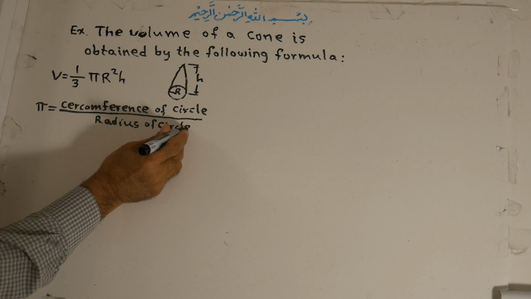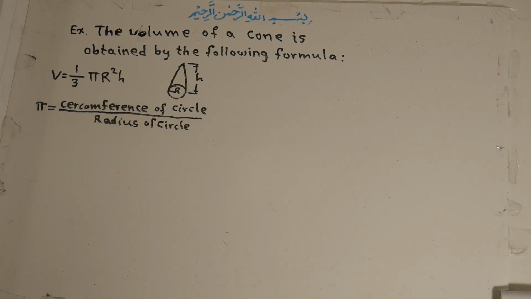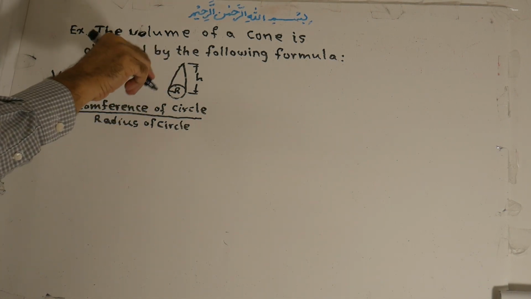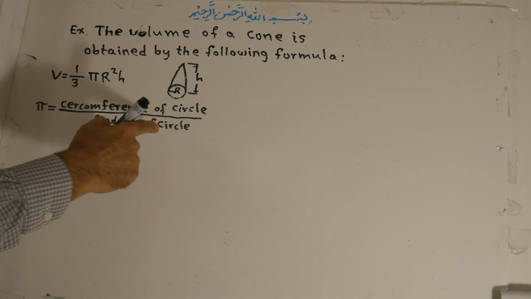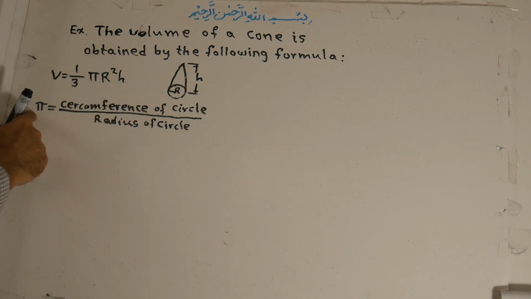So if we divide the length of the circumference by the radius, it gives us the pi. And because length cancels with length, this is a constant number.